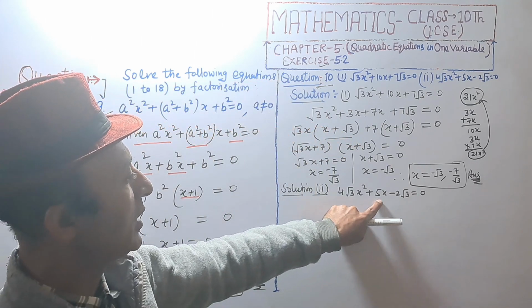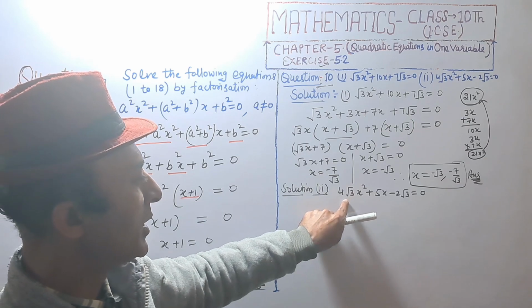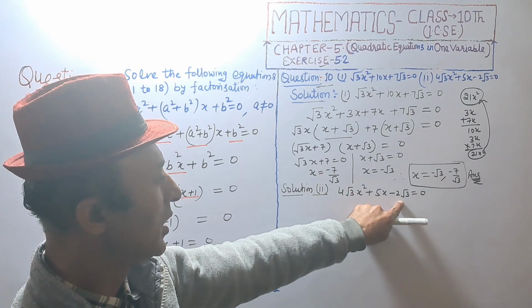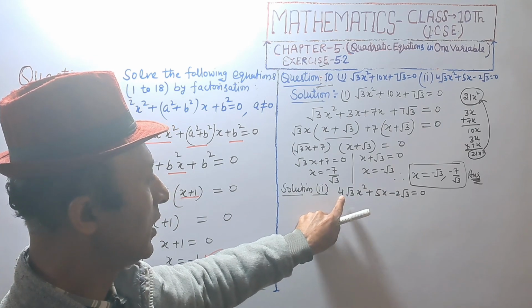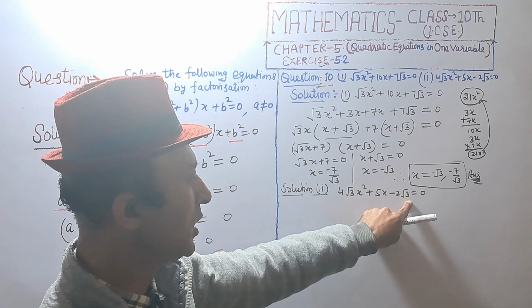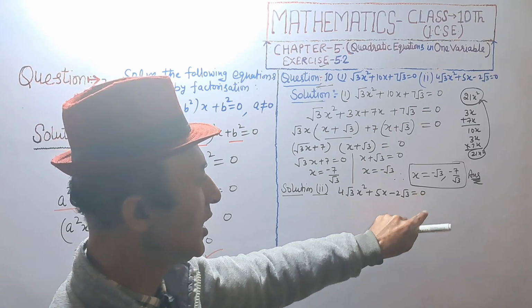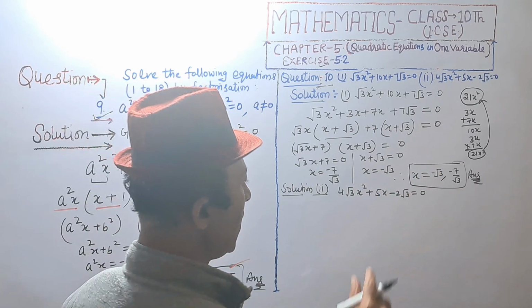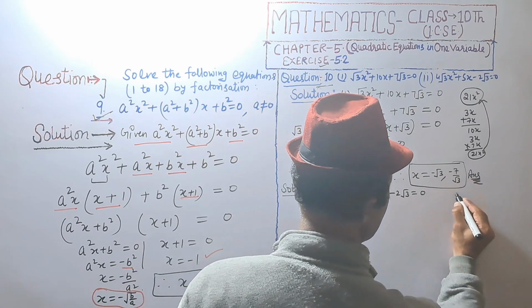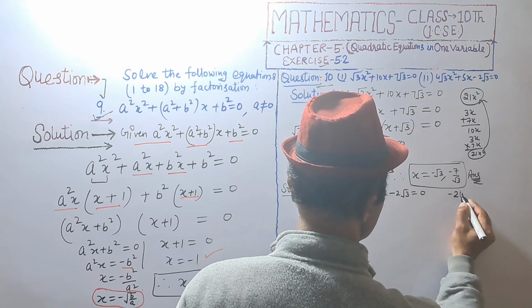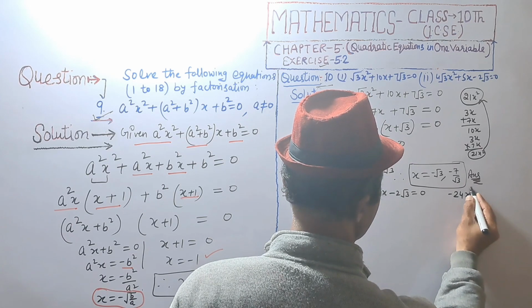Splitting the middle term, the product of first and last: 4 2s are 8, 8 root 3 into root 3, that is root 3 square, that will be 3. And 4 2s are 8, 8 into 3, that is equal to 24x square.